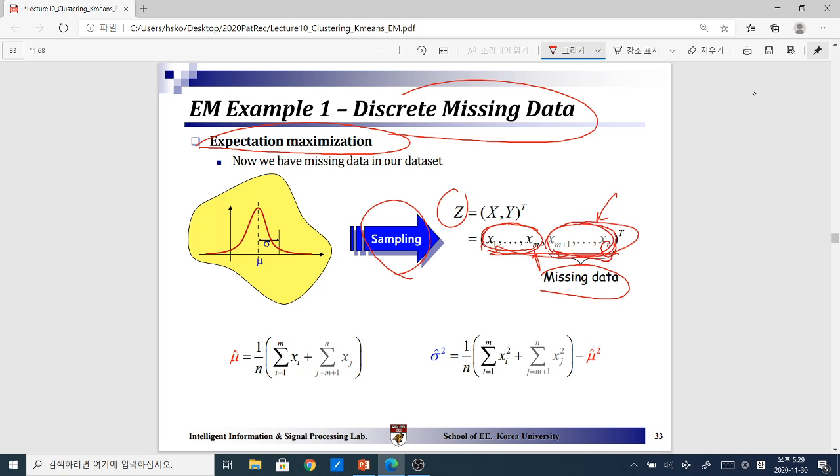So in this case, what we want to do is go through the expectation maximization procedure to estimate the parameters. That is, we want to estimate the parameters by using maximum likelihood estimation by means of the EM procedure, expectation maximization.